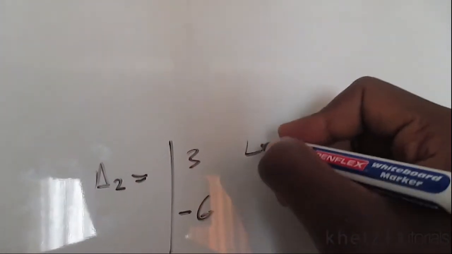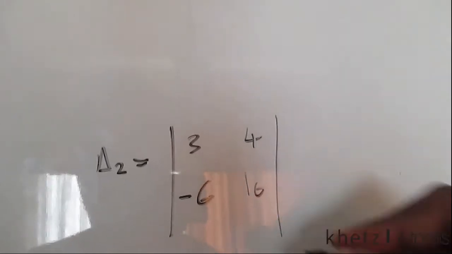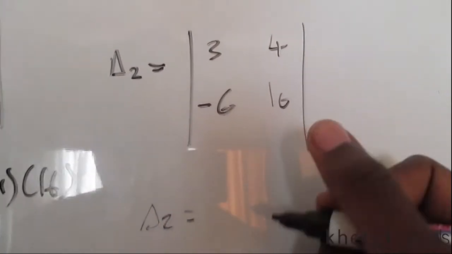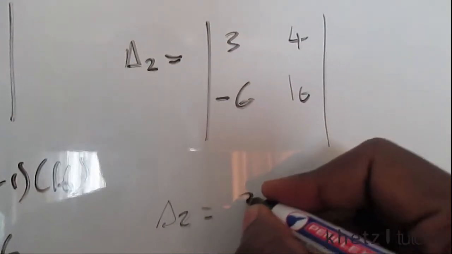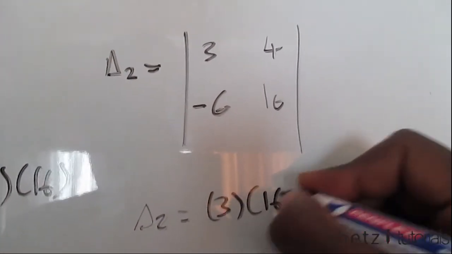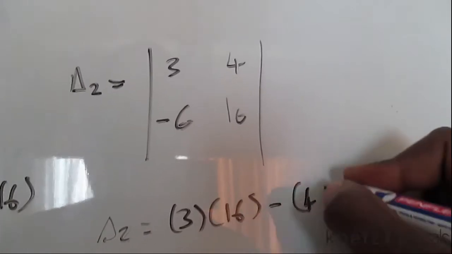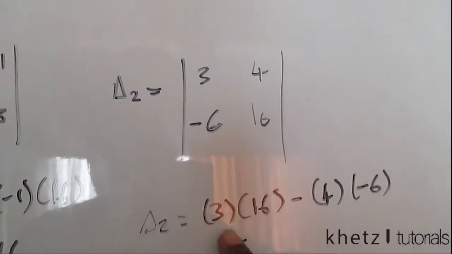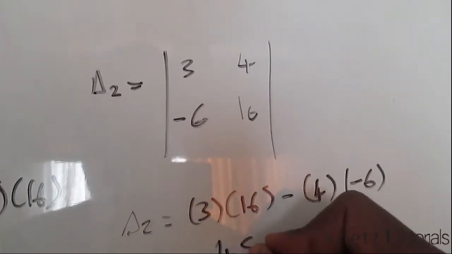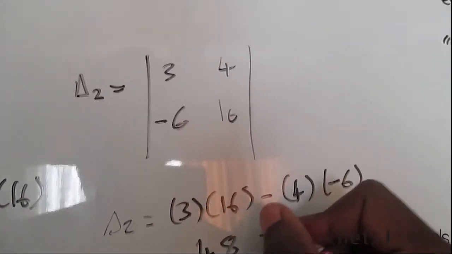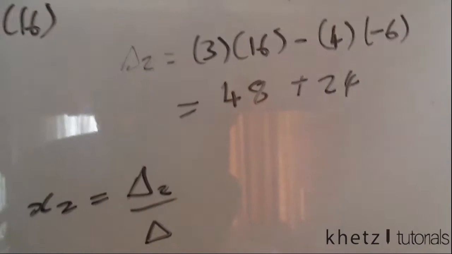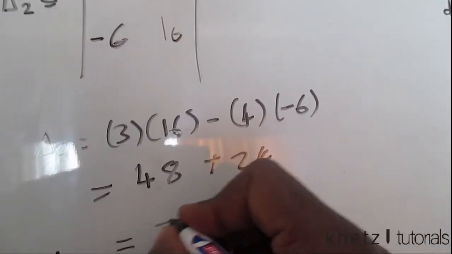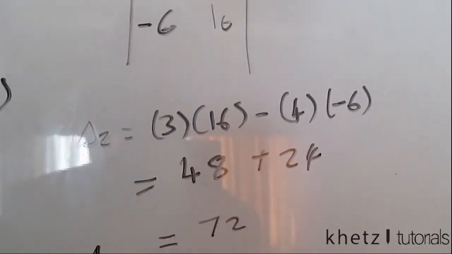We now find delta 2 to be 3 multiplied by 16 minus 4 multiplied by minus 6. So this becomes 48 plus 24, which should be 72, right?